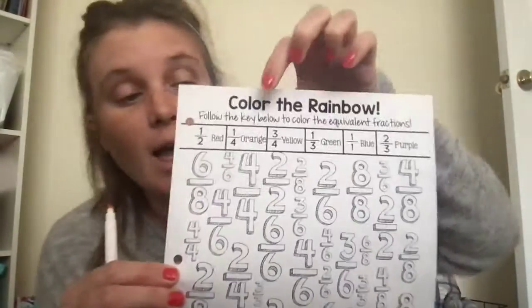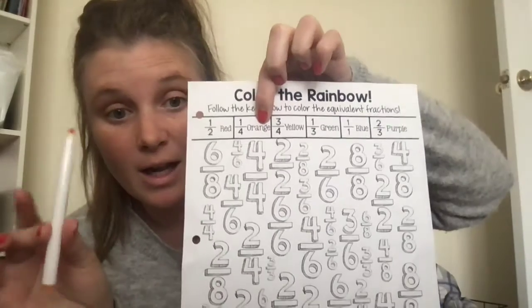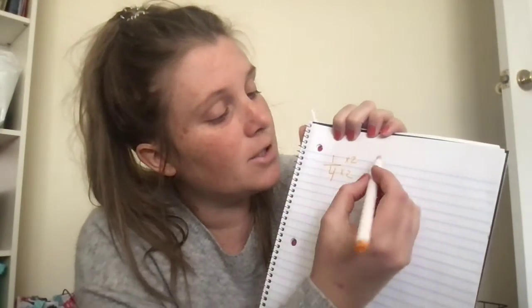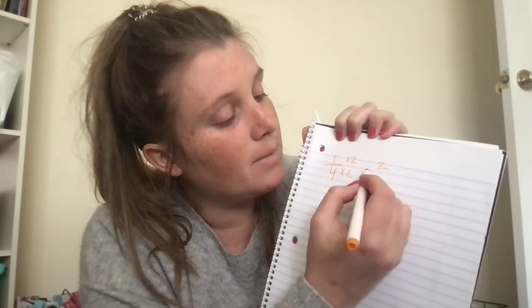So let's try 1/4. You're going to color it orange, 1/4. All the ones equivalent to 1/4. So let's start with 1/4 times 2. 1 times 2 is 2. 4 times 2 is 8. Do you see any 2/8 on your paper?